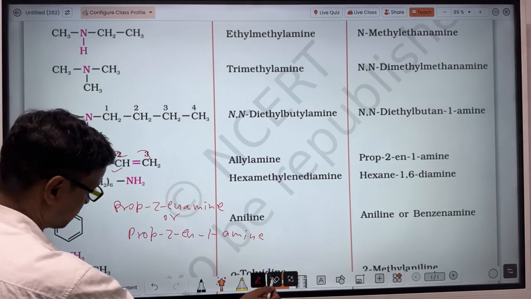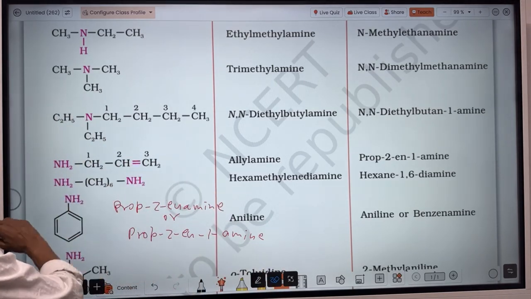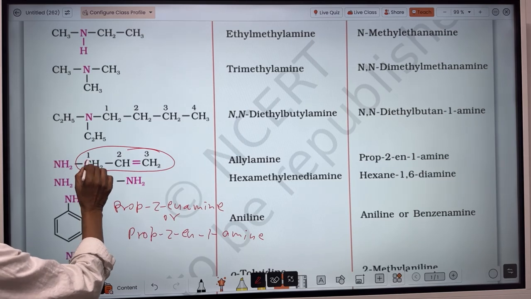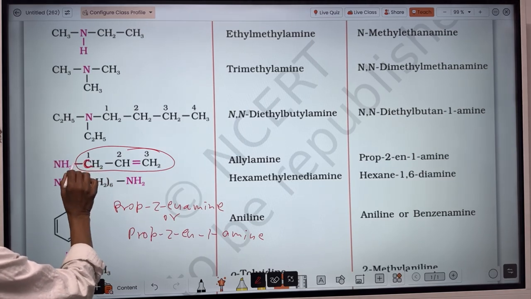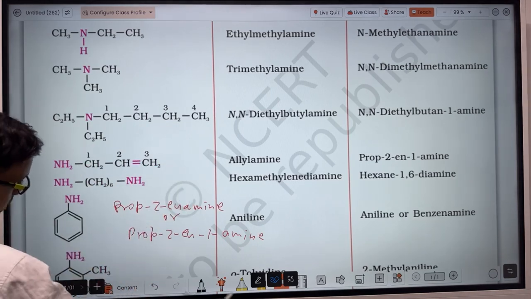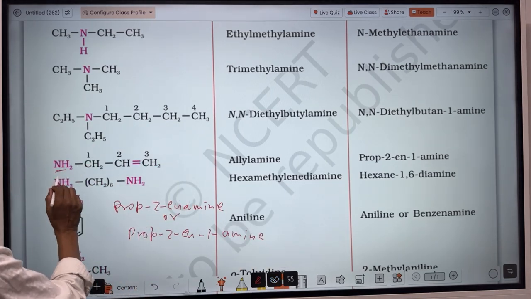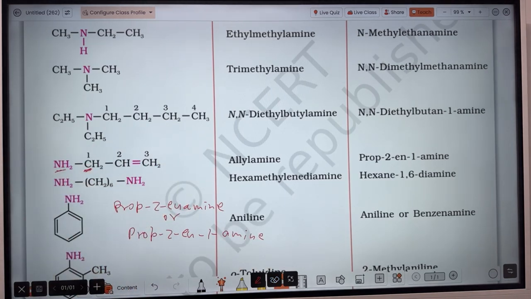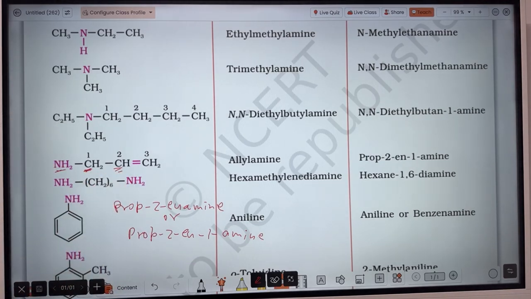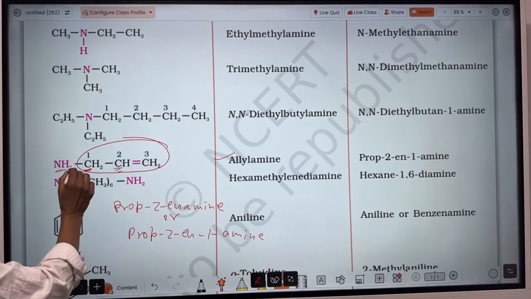And I have taught you a number of times that when the functional group is bonded to a carbon atom whose hybridization is sp3, and that is bonded to an sp2 hybridized carbon atom, that group is the allyl group.